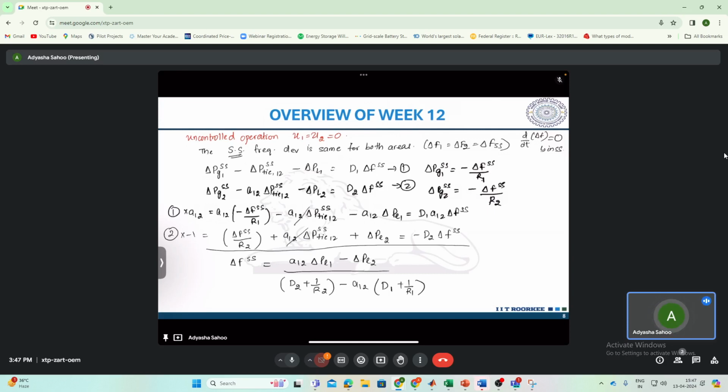Similarly, if you put this in equation 1 or equation 2, you can get the steady state value of change in power flow through tie line 1 2.